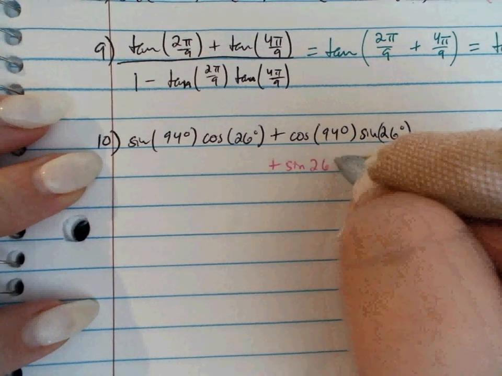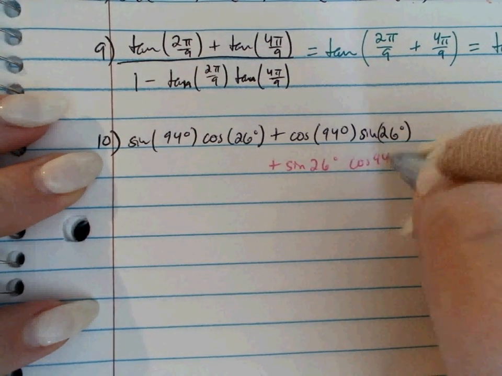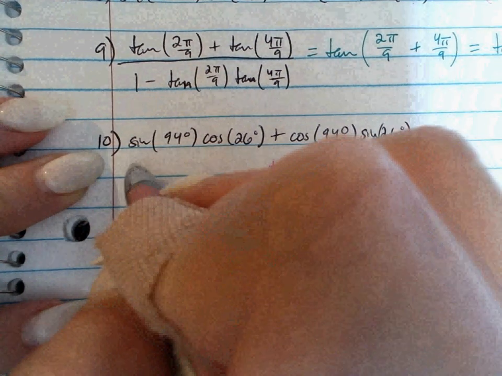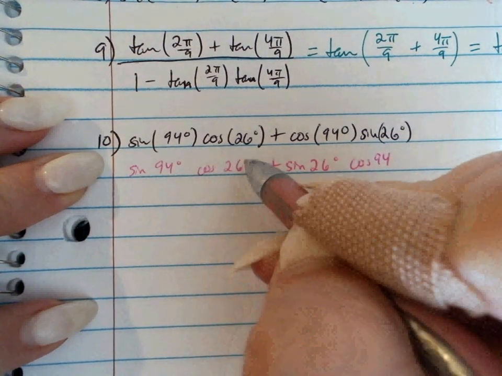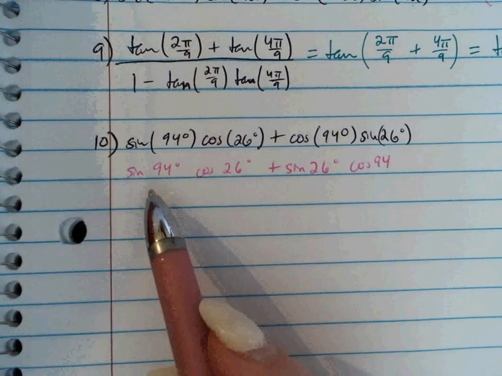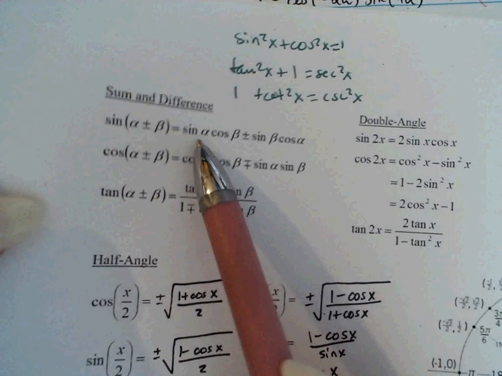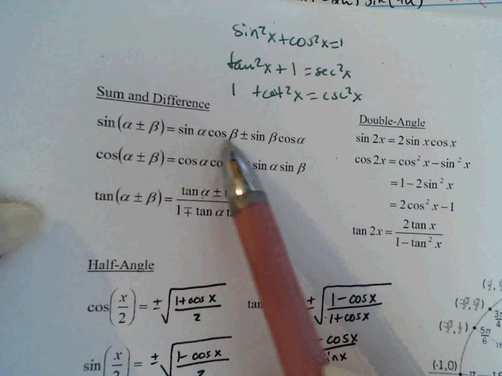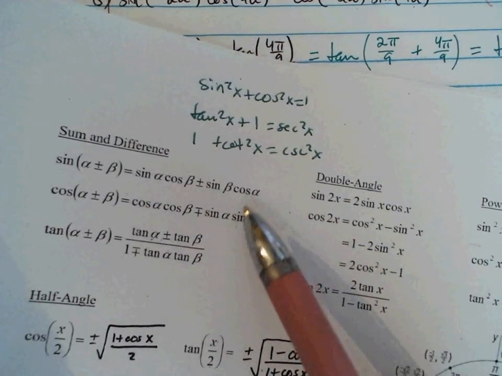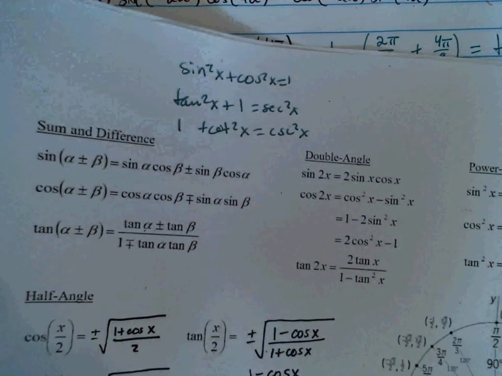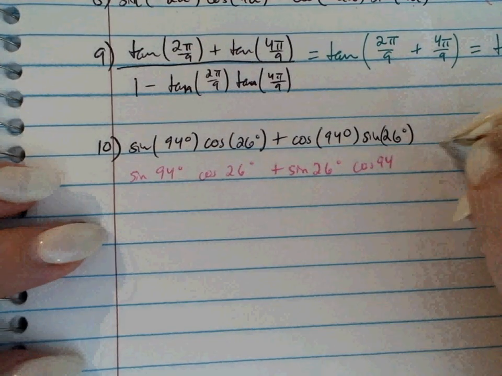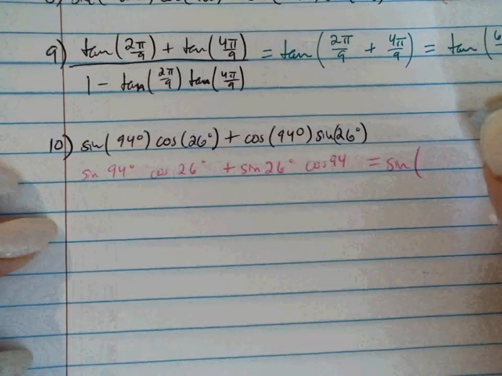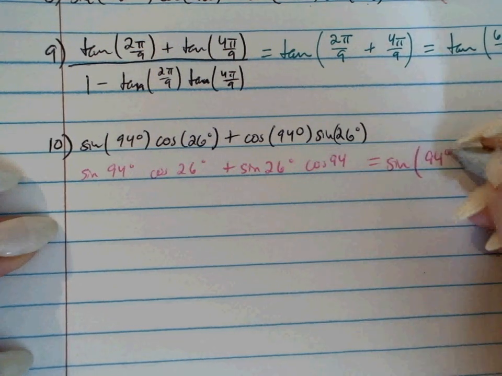And if it bothers you, you can rewrite that as sine of 26 cosine of 94 to fit the identity better. So sine of 94 cosine of 26, and then plus sine of 26 cosine of 94. So my alpha and my beta are 94 and 26, and it's sine.